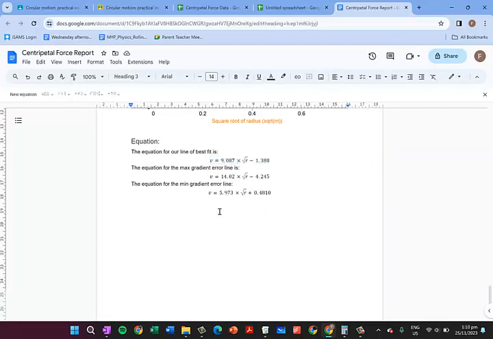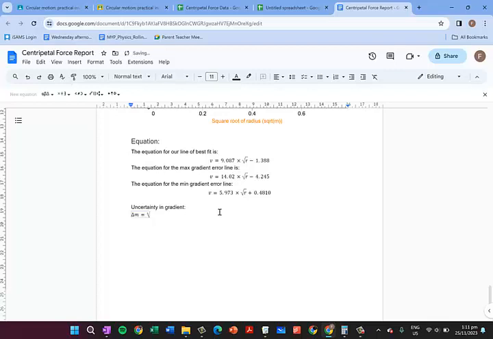Okay, so now the uncertainty in gradient is just, we can insert equation here. So we can call that delta m equals, and that's the max gradient minus the min gradient over 2. So I'm going to write it like this.